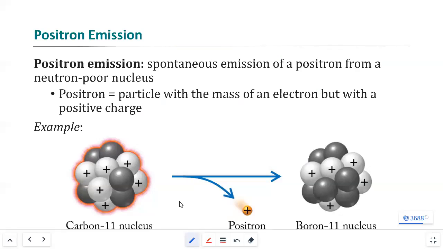All right, positrons. Here's our third form of decay. Positron emission is kind of the reverse of beta decay. In that, we have a proton that is turning into a neutron.